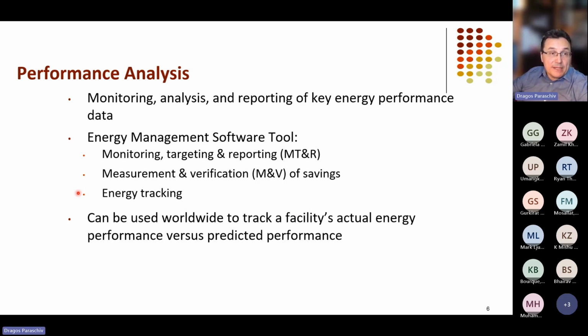So we can basically implement this for facilities across the globe. We have access to data for corrections, for adjustment of our utility consumption, so that we can compare in similar conditions our facilities.